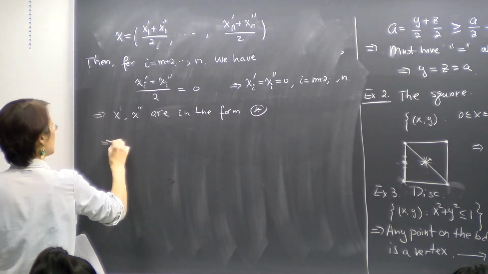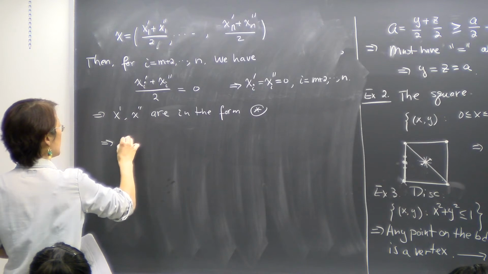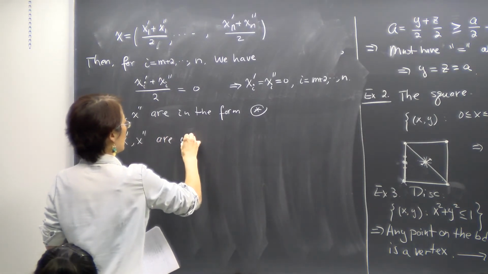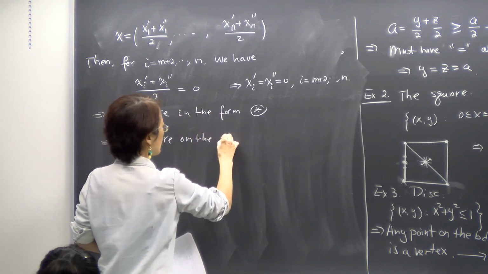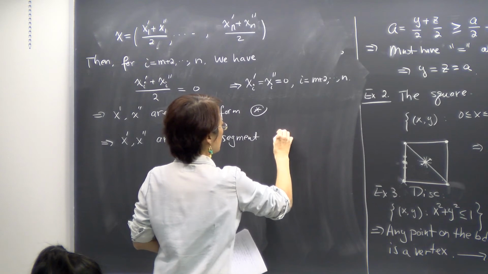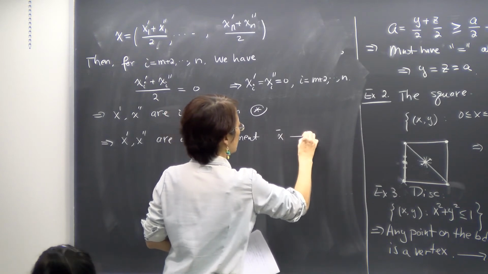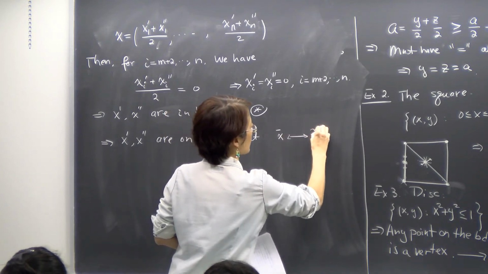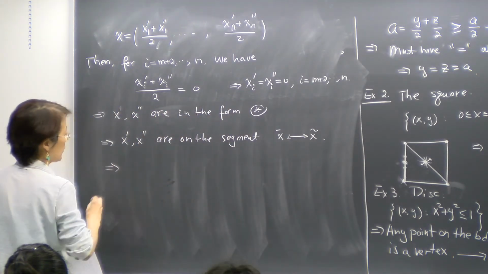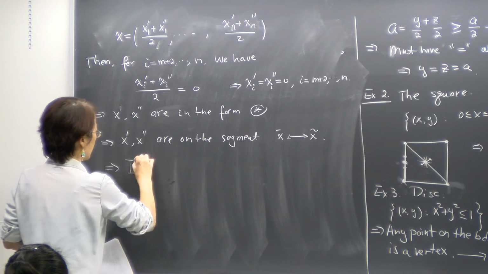So then we know x prime and x double prime must be on the segment connecting x bar to x tilde. Okay, and that is exactly our definition for an edge.